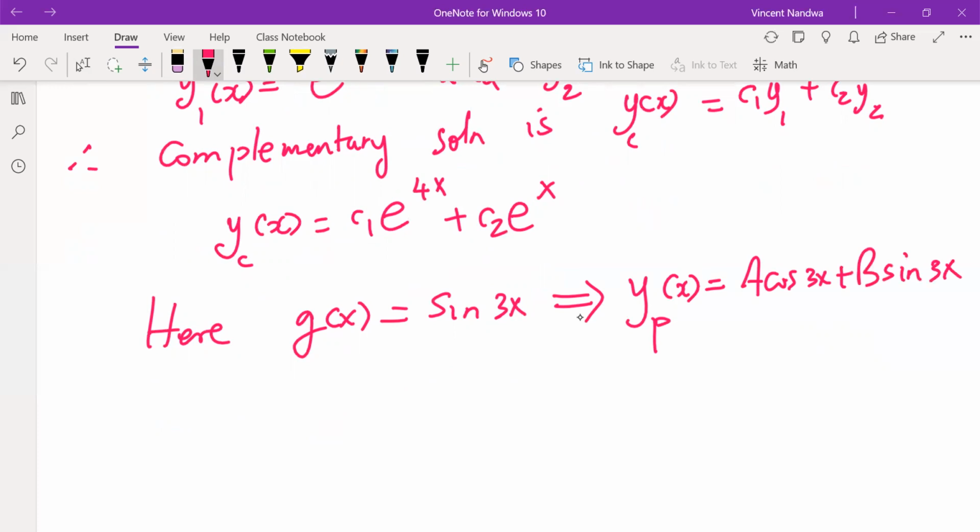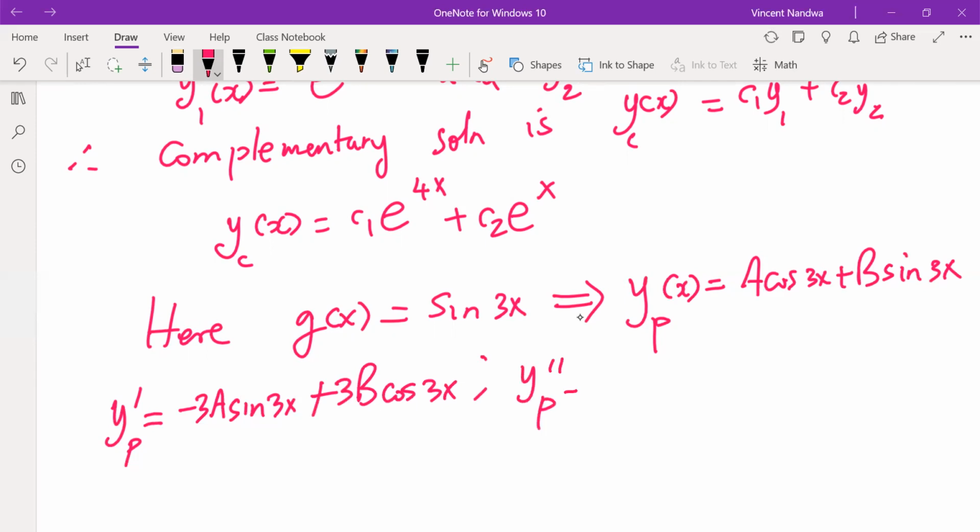So y prime p is minus 3a sine 3x, I'm just using the chain rule to differentiate this, plus 3b cos 3x, and the second derivative will be negative 9a cos 3x, and then minus 9b sine 3x.